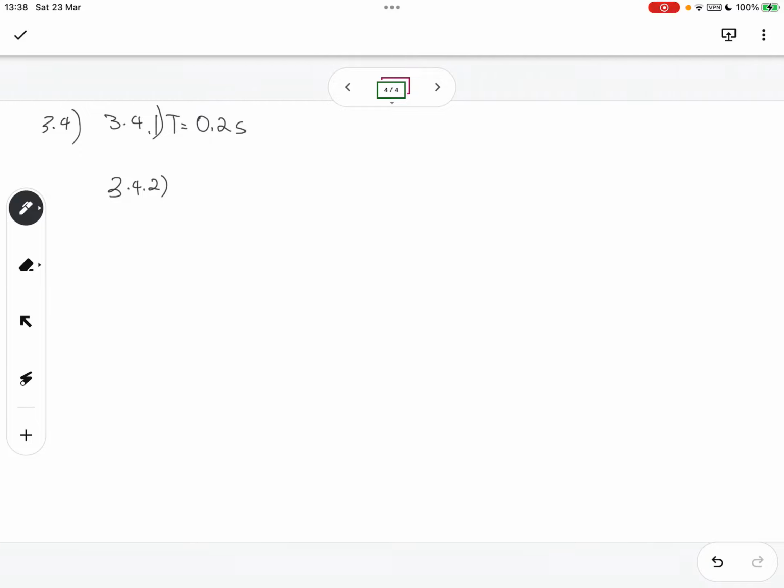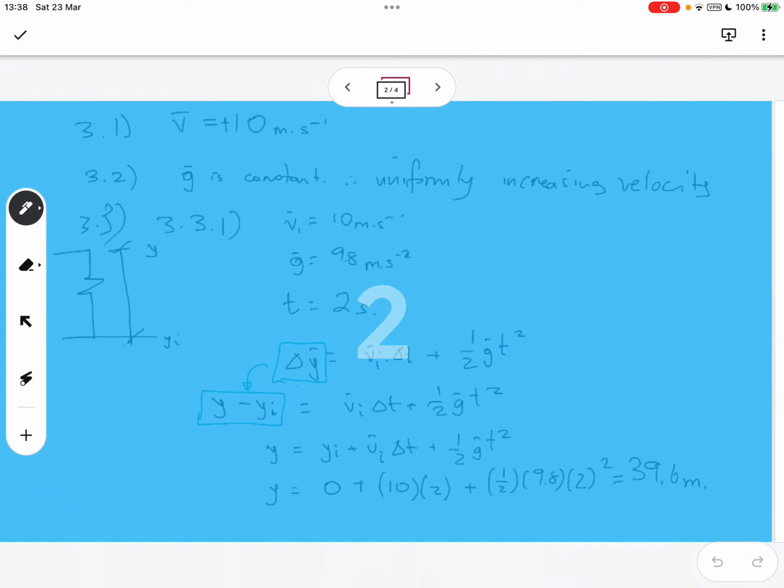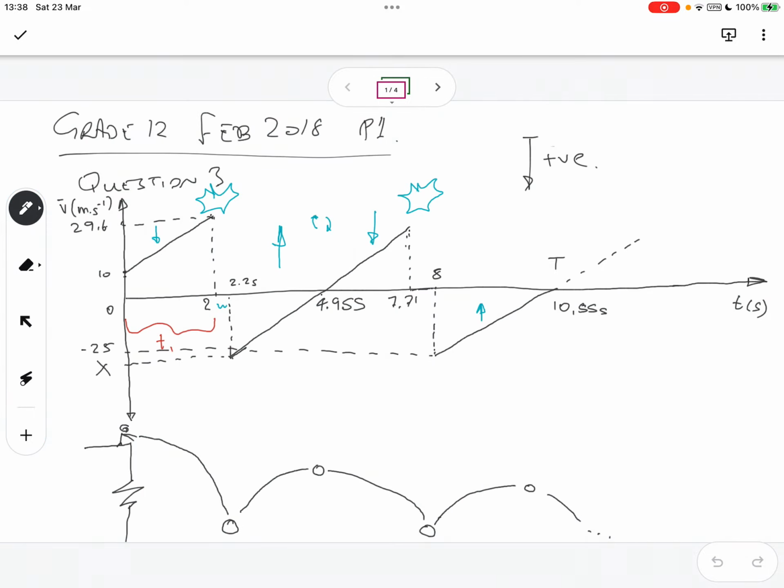The time at which the ball reaches its maximum height after the first bounce. Again, we're going to read that off the graph. This is the first bounce, and this is the second bounce.